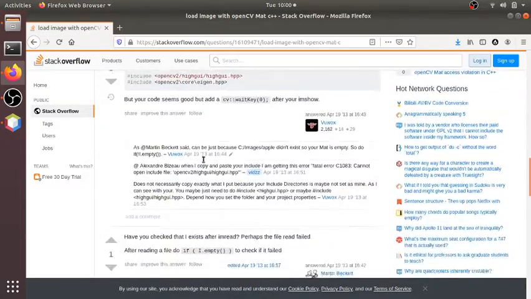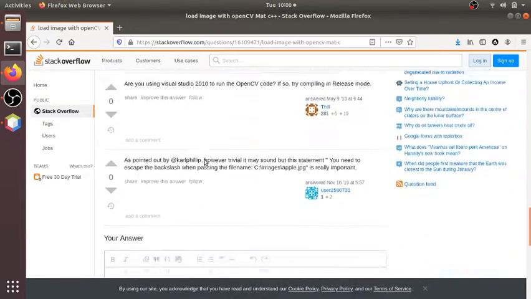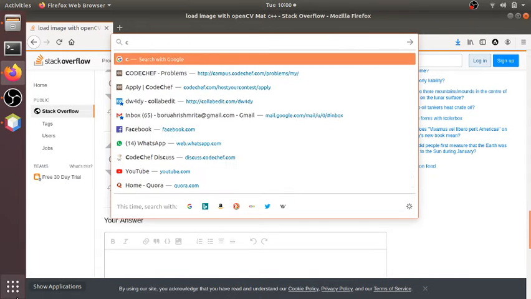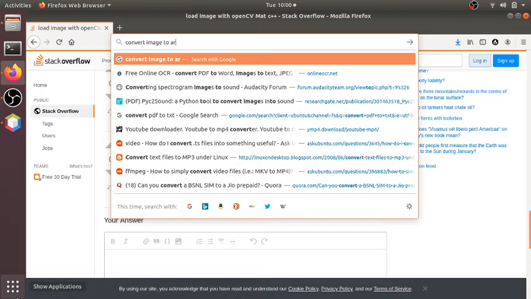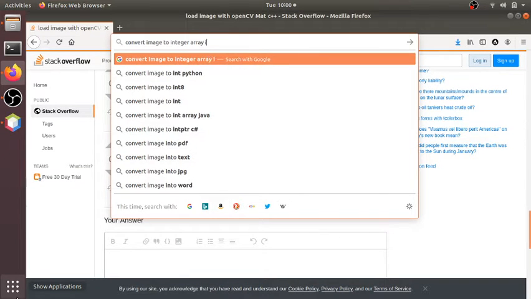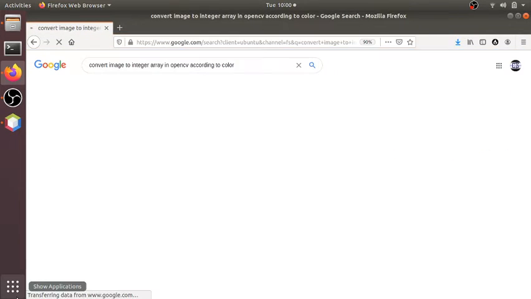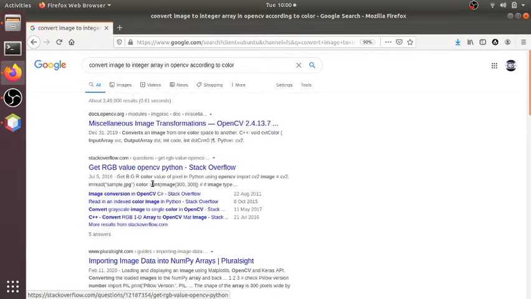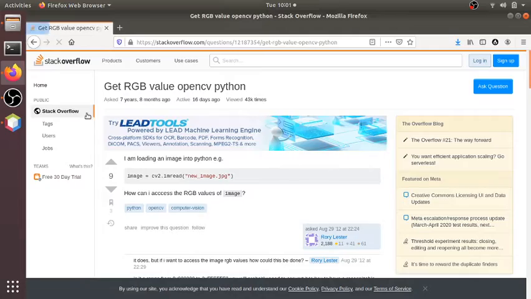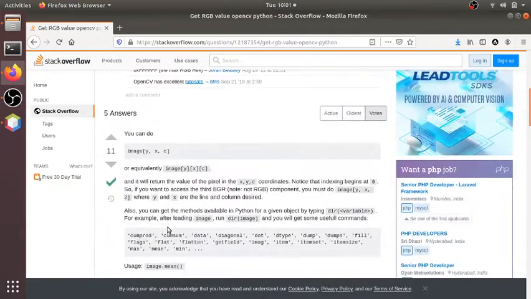Okay, so I need to convert the image into an array. Convert image to array. Integer array in OpenCV according to color. Yep. Image transformation RGB value OpenCV Python. No, I want C++, but still it will work, I think.